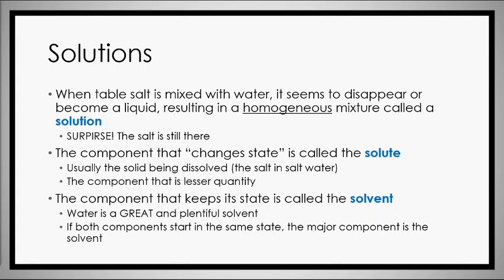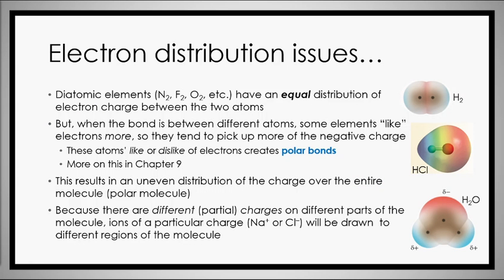Before I can go a little bit further into talking about these solutions, we have to talk about an issue that arises whenever things are shared unequally. In this case in particular, the things are electrons. If you have a diatomic element, in diatomic elements you have two atoms that are exactly the same: N2, F2, O2, H2, all the diatomics that I've discussed in the past.